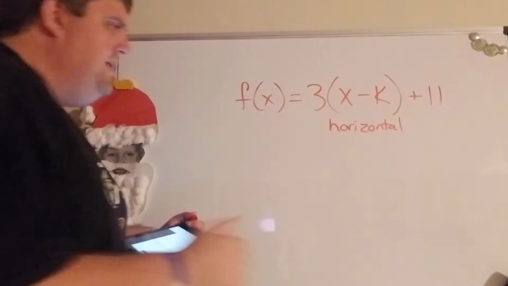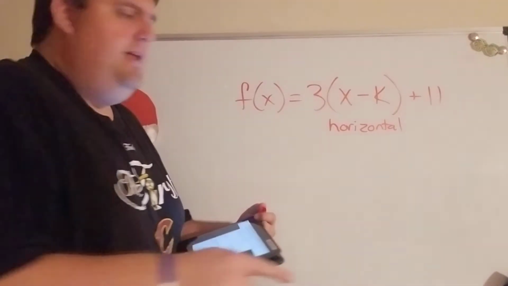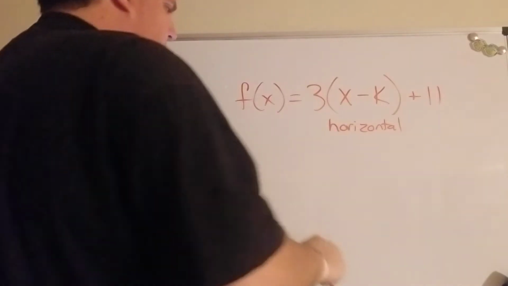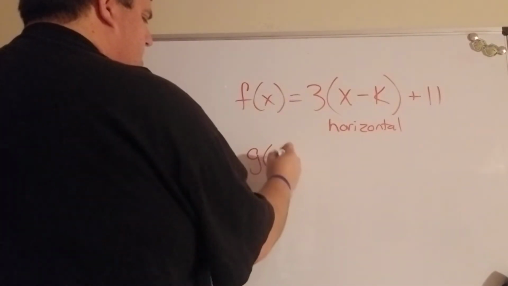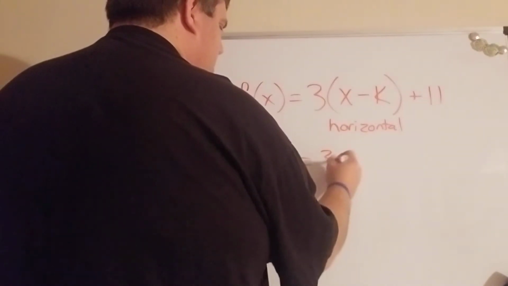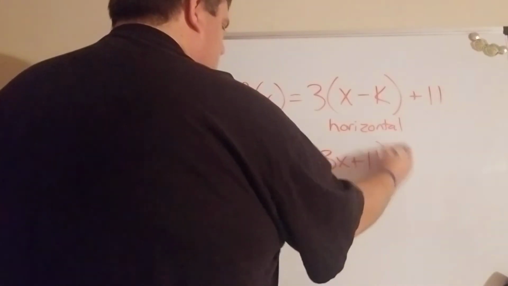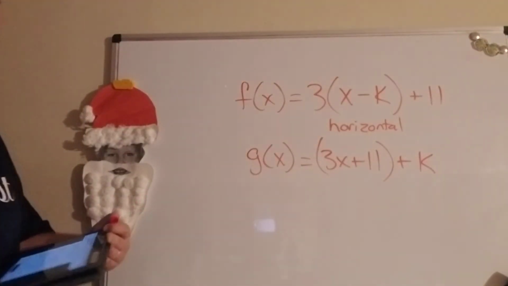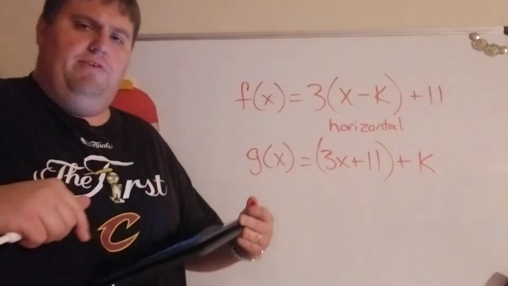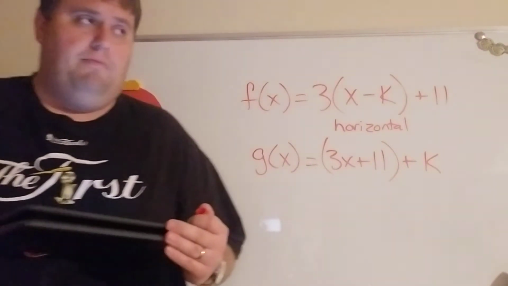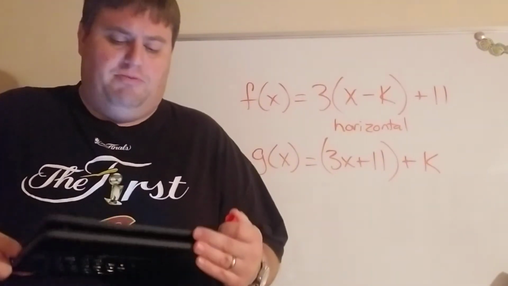And remember, horizontal shifts are opposite sign. So if it says minus, it's going to the right. If it says plus, it's going to the left. If you see it like this one, where the k value is on the outside over there in parentheses, that's going to be a vertical shift. And plus would be up, minus would be down.